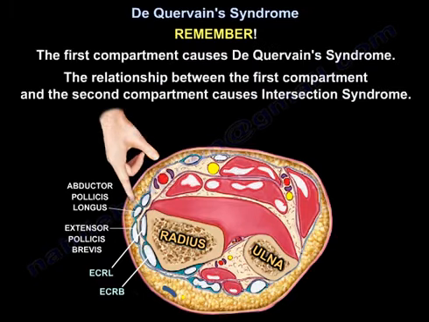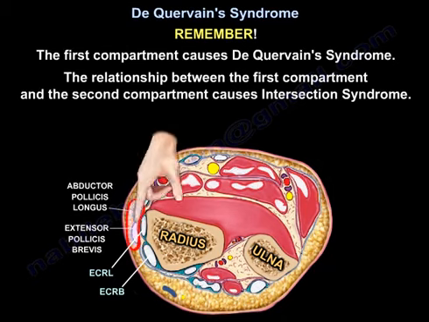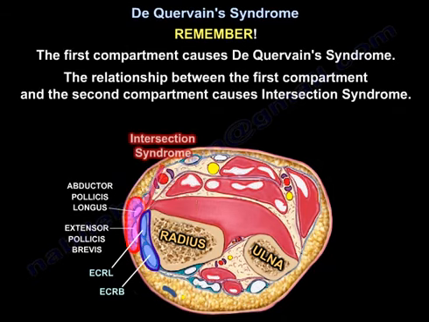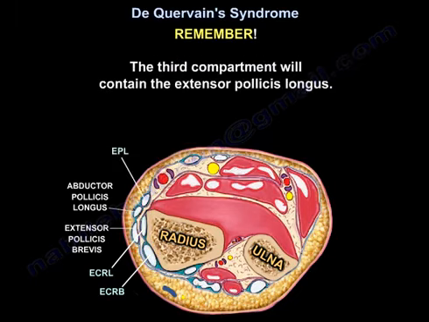The first compartment causes De Quervain syndrome. The relationship between the first compartment and the second compartment causes intersection syndrome. And the third compartment will contain the extensor pollicis longus.